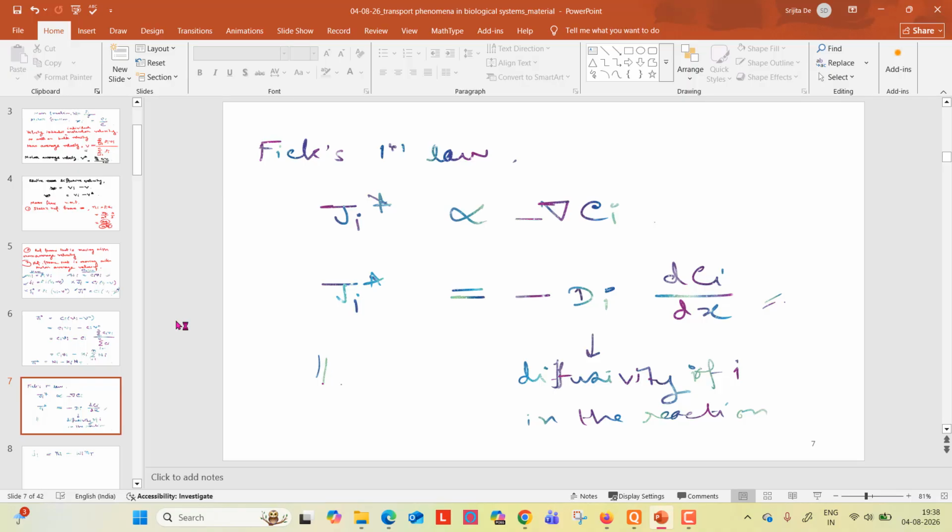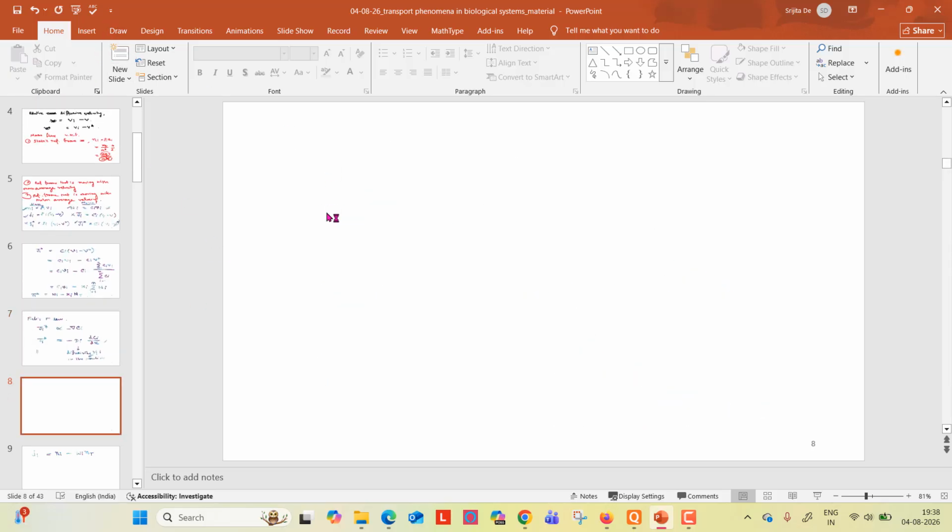What will be the unit of it? So Ji was your diffusive molar flux, right? We have earlier defined the unit of molar flux. It is nothing but mole per meter square per second, right? Minus Di dCi/dx. dCi is molar concentration, so it will be mole per meter cube, and there is dx. dx is the distance, meter, right?